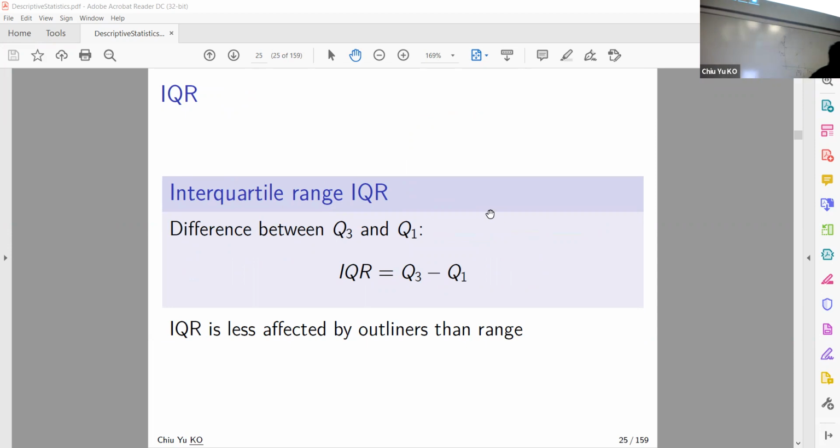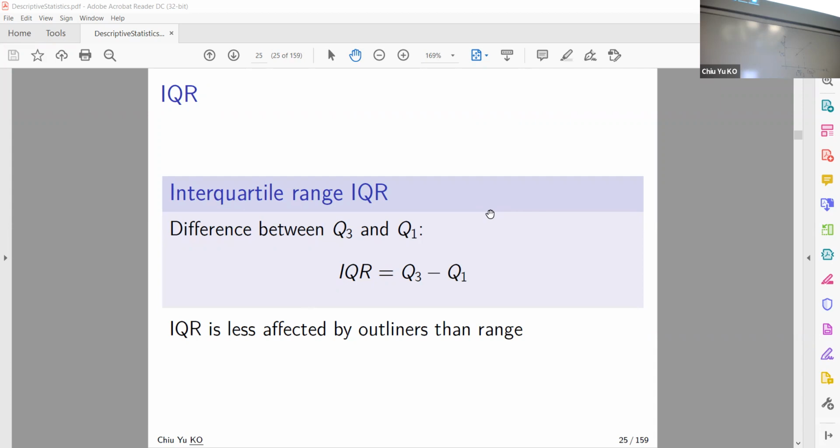And you may immediately ask, why do I divide them into 4 parts, not 5 parts, 6 parts, 7 parts, and look at the distance between here and there? Definitely you can use it, but dividing into 4 parts has the virtue that you can use the median twice.